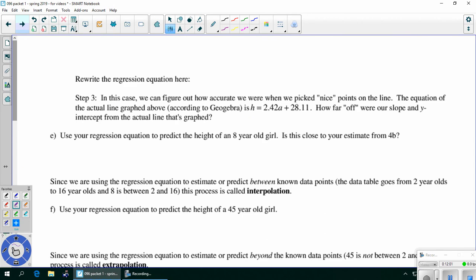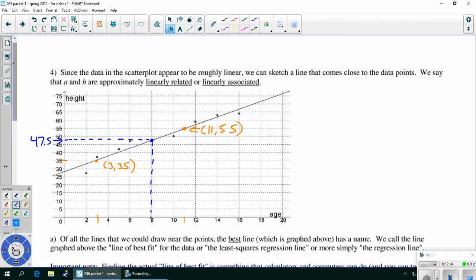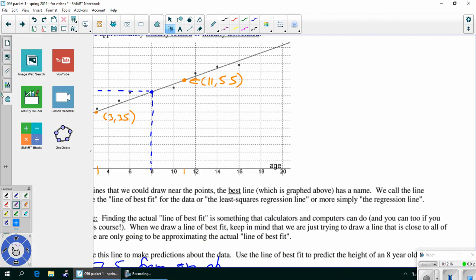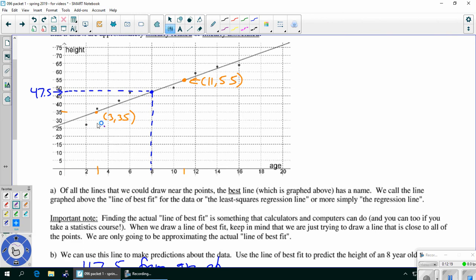All right, let's rewrite the regression equation right here. H equals 2.5A plus 27.5. Now, is that exactly the equation of the line that was graphed on the previous page? Well, no, it's the equation of the line that connects these two orange points here. But the two orange points were just estimates, right? And we don't know that they were exactly on the diagonal line.